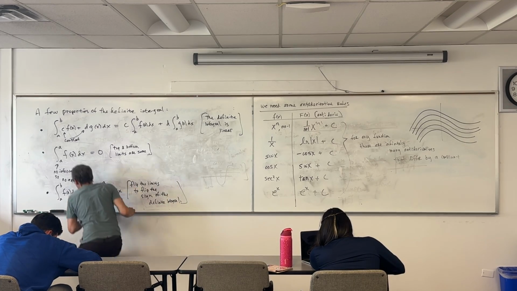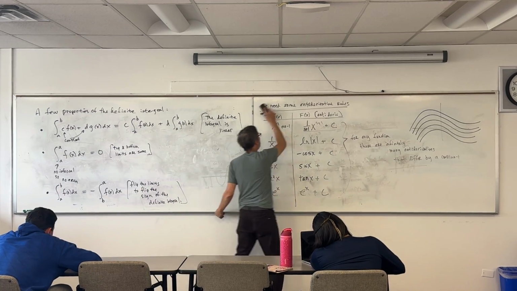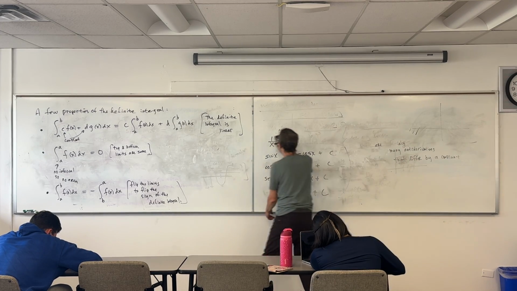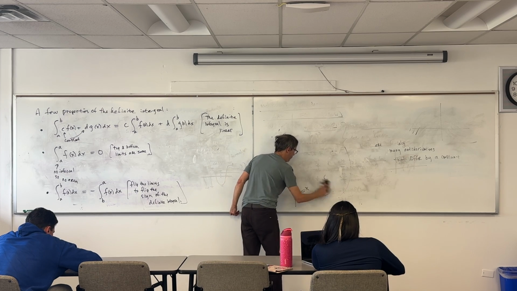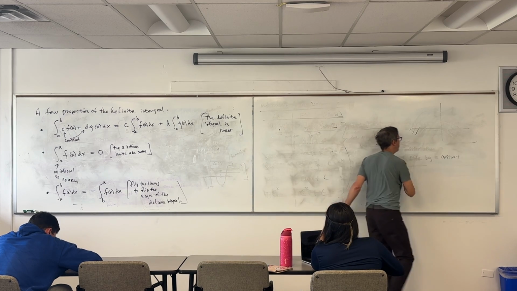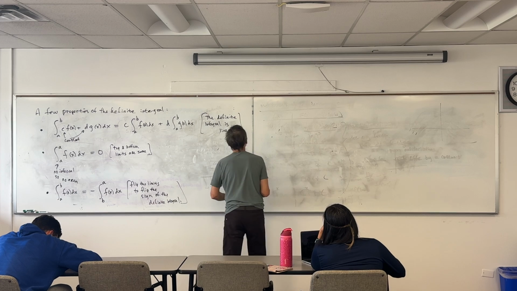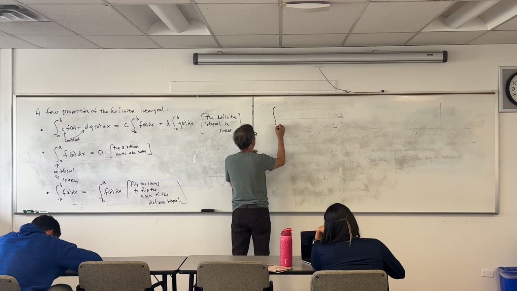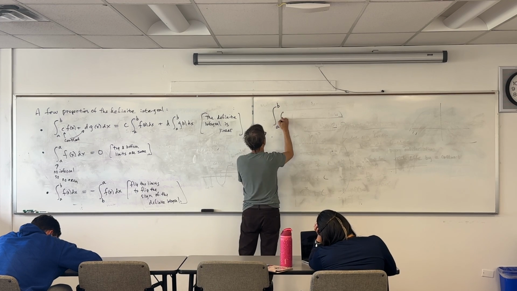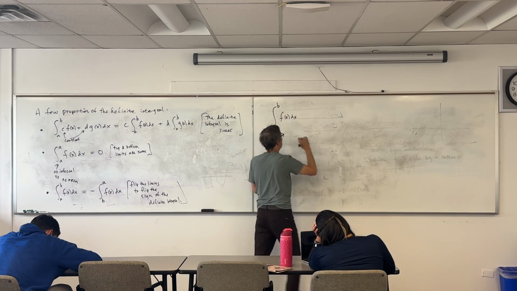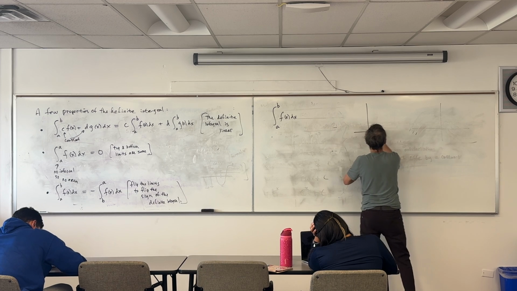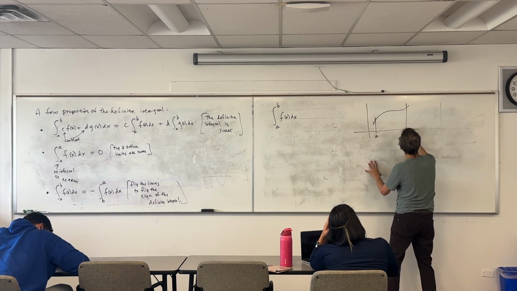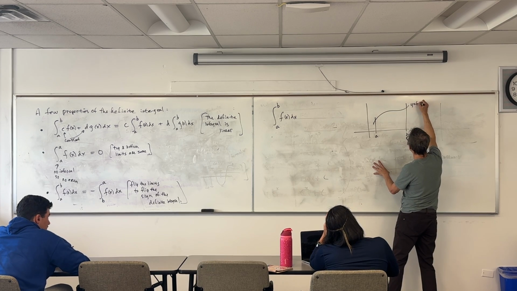Cool. I got one more I think I want to put up here. And that is this. If I have the integral from a to b of f of x, and let's draw a little picture here. So here's a, here's b, this is y equals f of x.